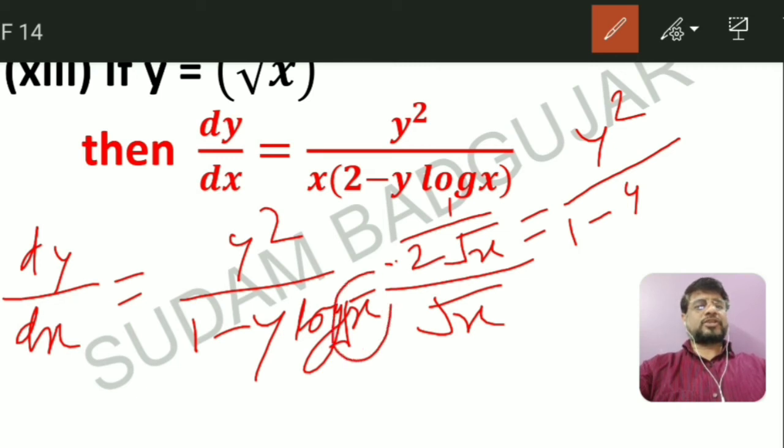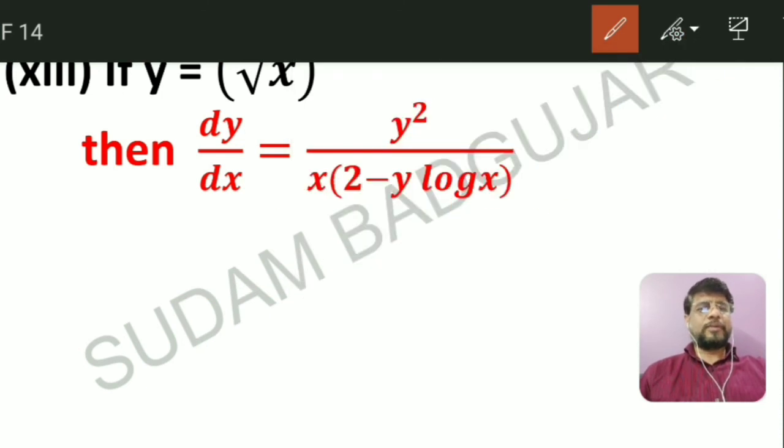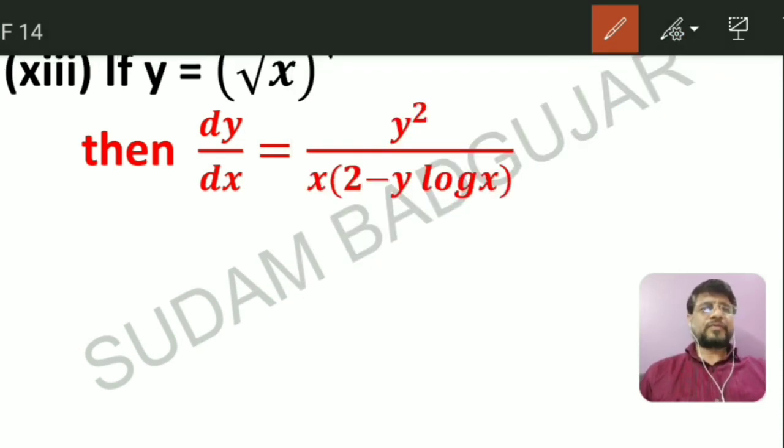This root x is nothing but x raised to half. Then you have to write half here, 1 by 2 into y into log x into 1 upon 2 times x. Then you have to simplify this. You will get the final answer. Okay, you have to simplify that by using the formula, right?